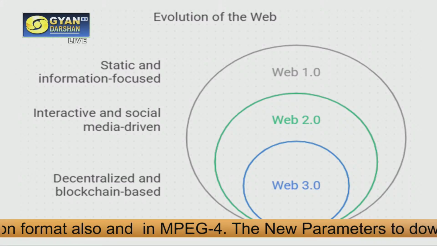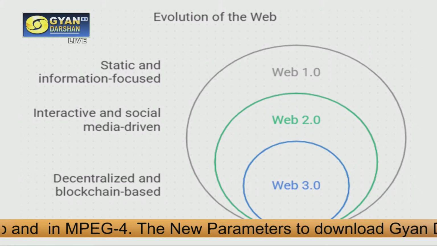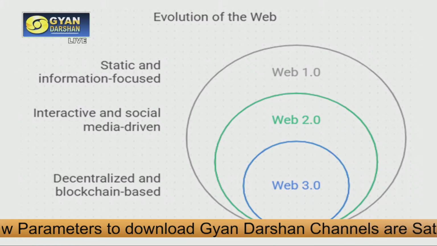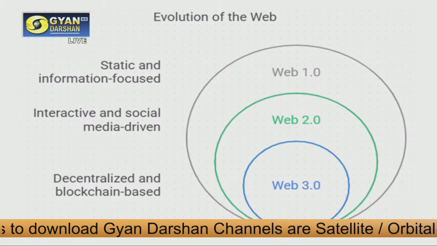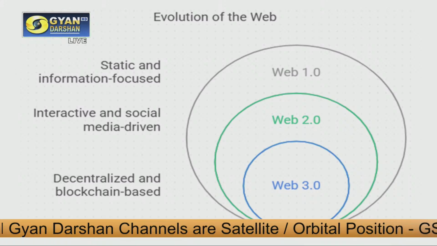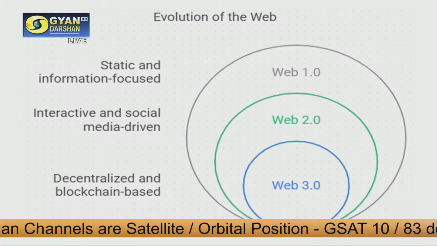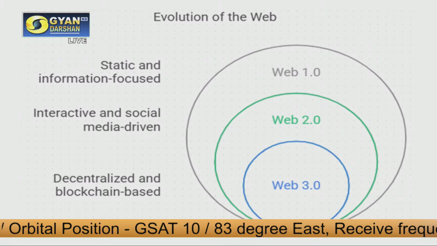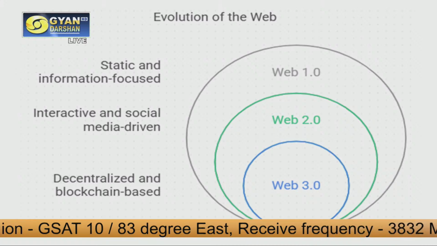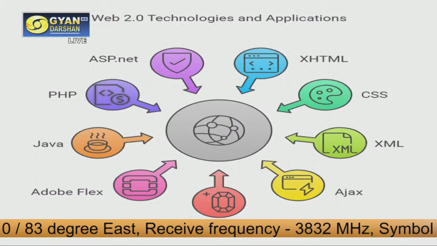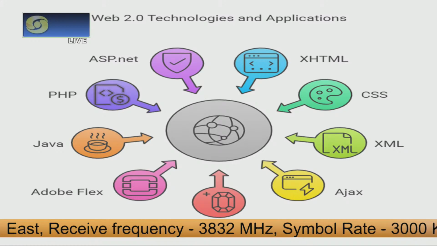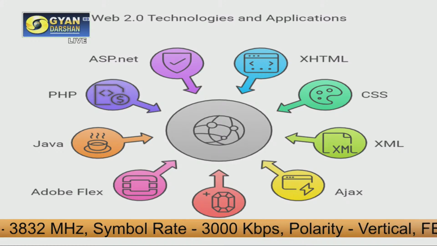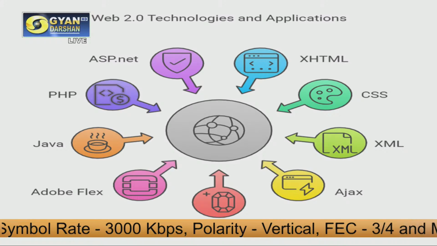So we learned that Web 1.0 is static and focused only on information, but Web 2.0 is quite dynamic, interactive and social media driven. Apart from this, Web 3.0 is a highly blockchain-driven and decentralized approach to World Wide Web technologies. Now, any number of technologies are available nowadays, from programming languages like ASP.NET, PHP, Java, Adobe, Ruby on Rails, and Ajax.